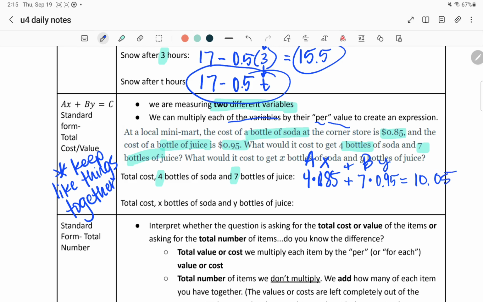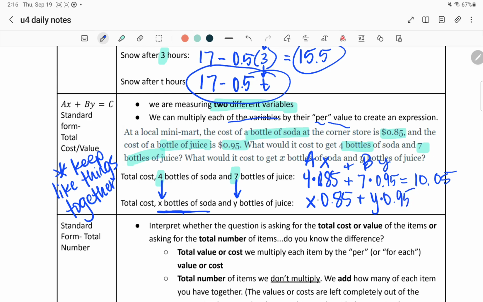Okay, now if I am going to write the expression like I did before, I'm talking about X bottles of soda and Y bottles of juice. Well, the 4 is being replaced by the X and the 7 is being replaced by the Y. So I'm going to do that in my expression. I'm going to say X times 0.85 plus Y times 0.95.